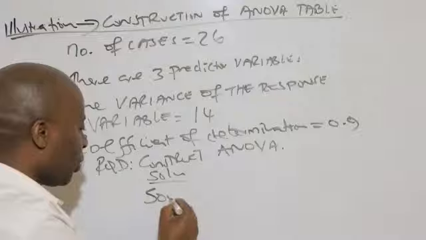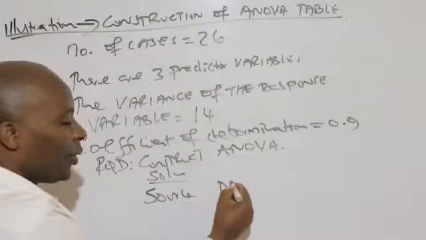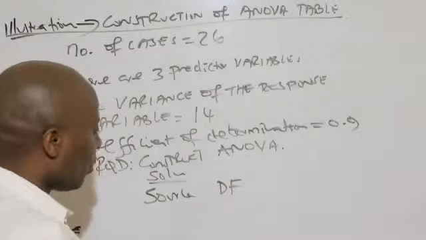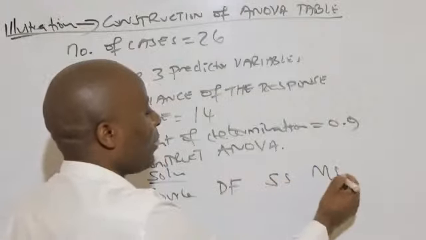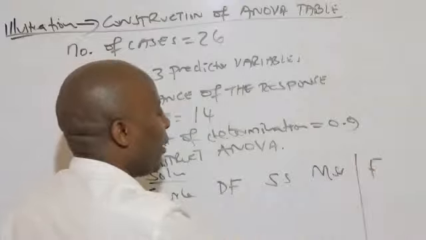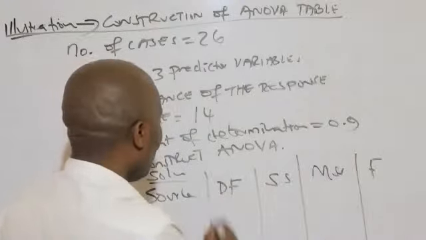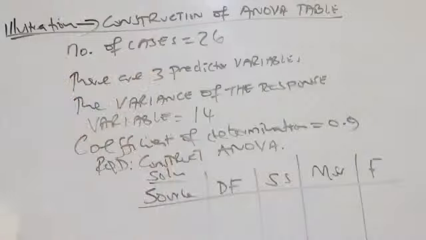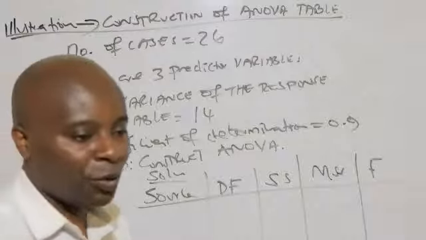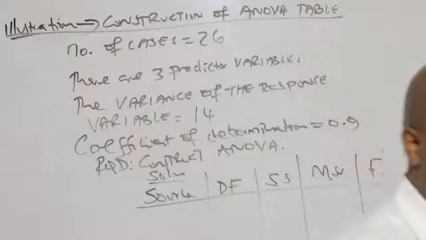We have the source, we have degrees of freedom, we have sum of squares, we have mean sum of squares, and then we have F. I want to give you a minute to see how far you will go in constructing the ANOVA table that you were taught in QA section 4. I want to give you 1 minute to finish doing that.